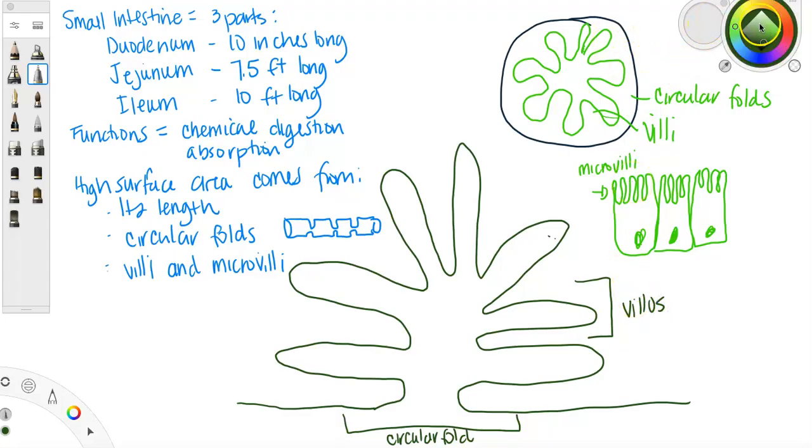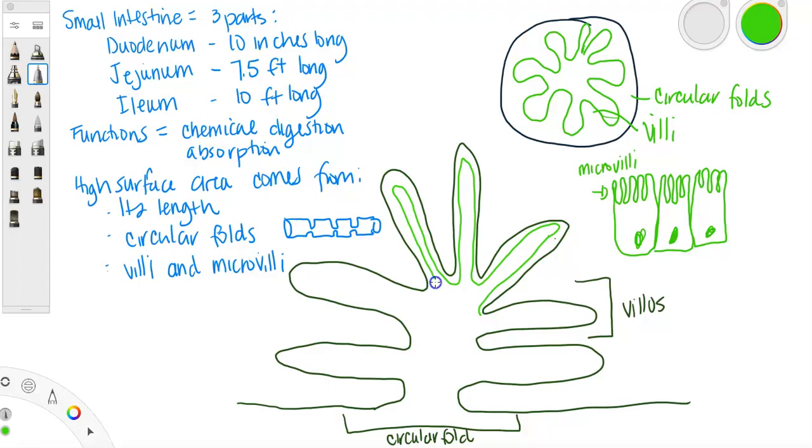And the villus is lined with simple columnar epithelia. So each one of these is a columnar cell, right?